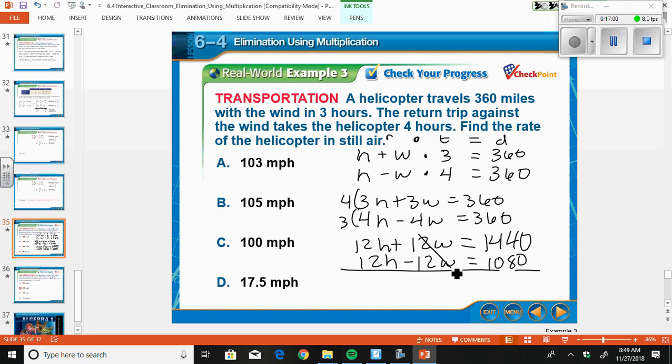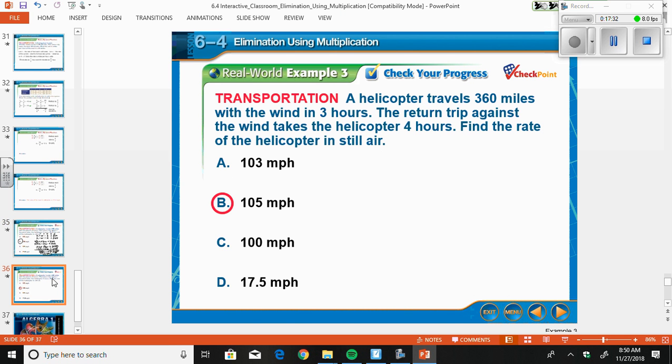That wind goes away. I'm left with 24h equals, I'm going to add these together, 2,520 divided by 24. I get h equals 105 miles per hour. Find the rate of the helicopter in still air. So I actually already have the speed here, and I don't have to put it back in. 105 miles per hour.